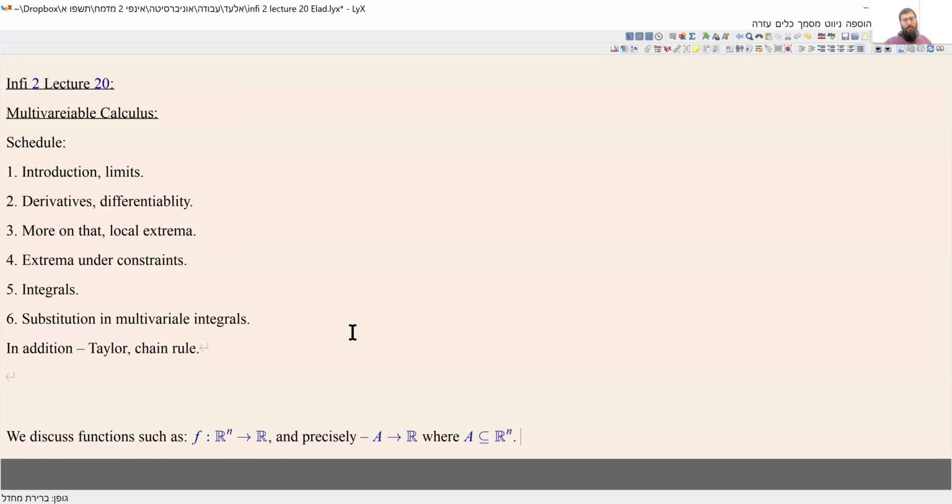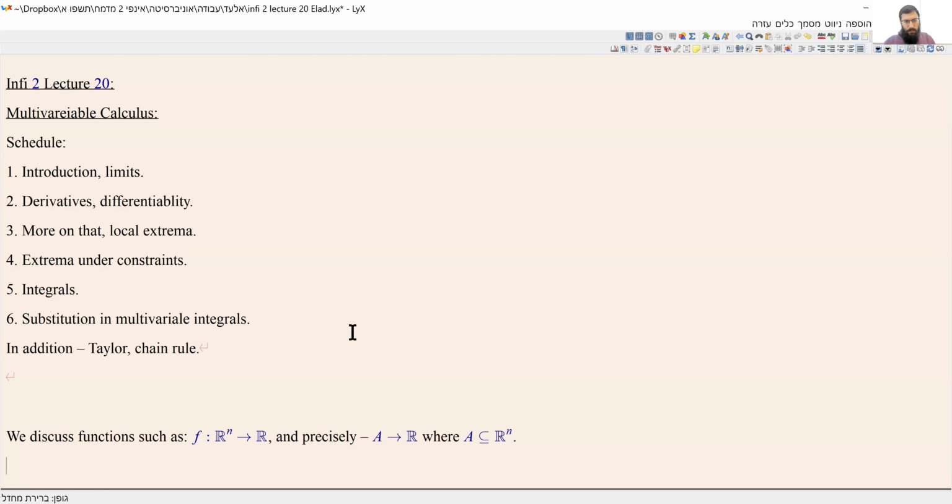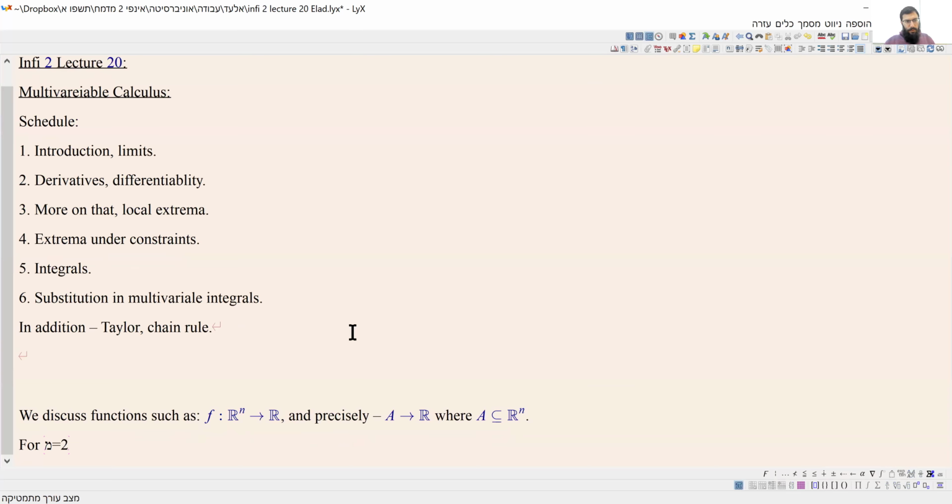But before that, talking about the introduction, I decided on n equals 2.